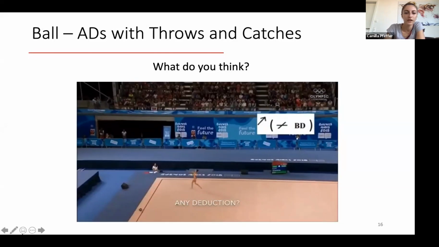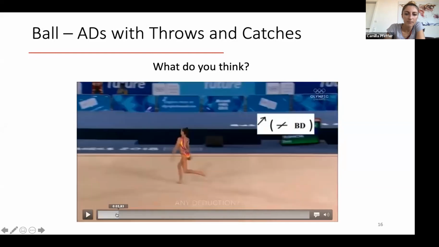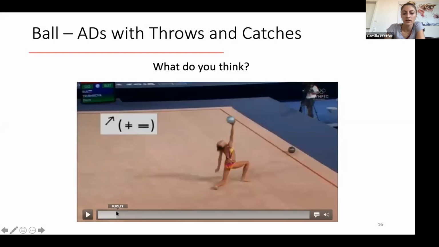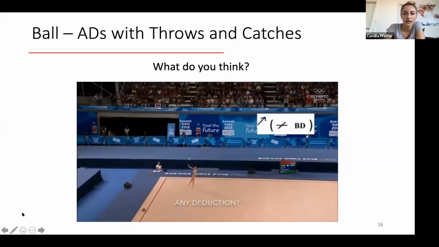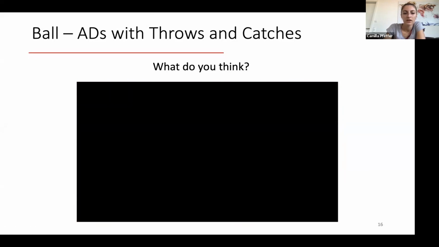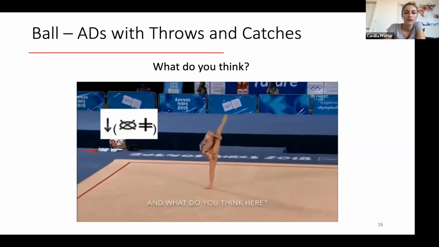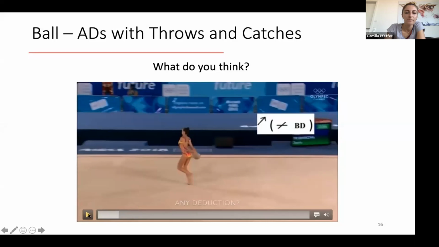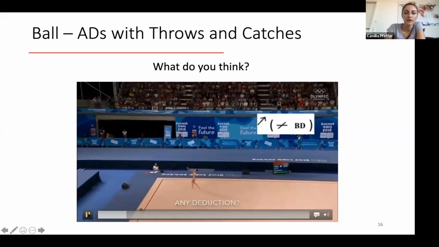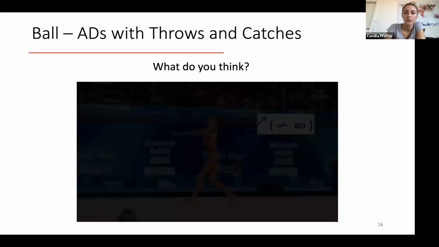That's true. So here's the next example with the body difficulty. So she's jumping and catching. Show again. She's jumping and catching. What do you think?